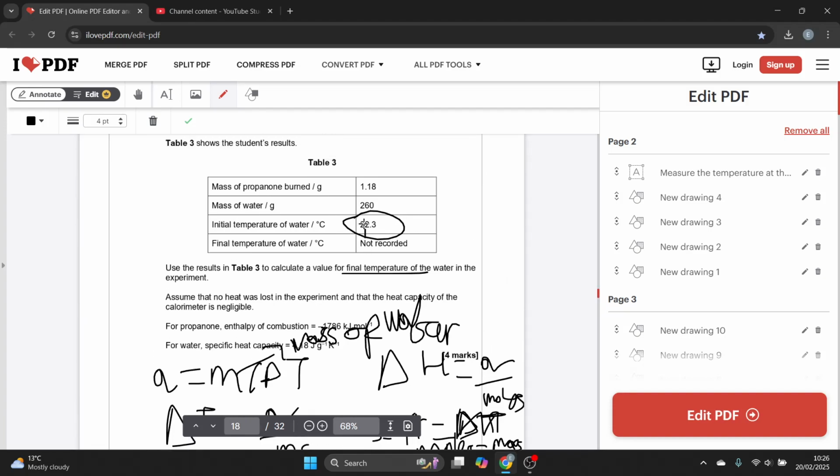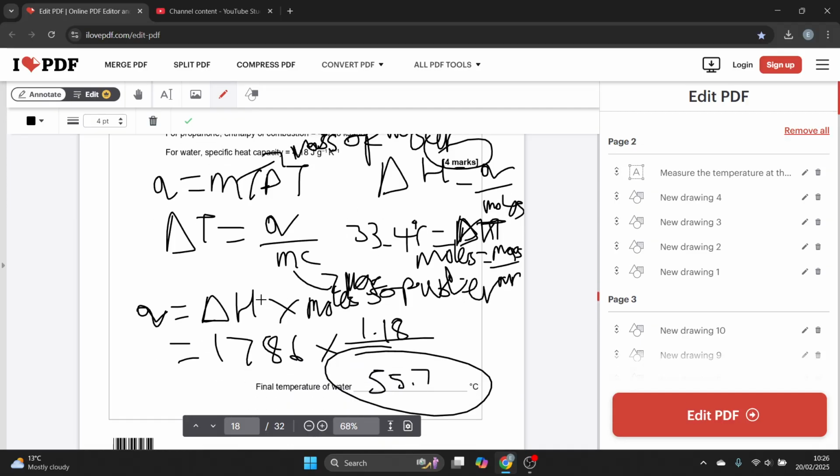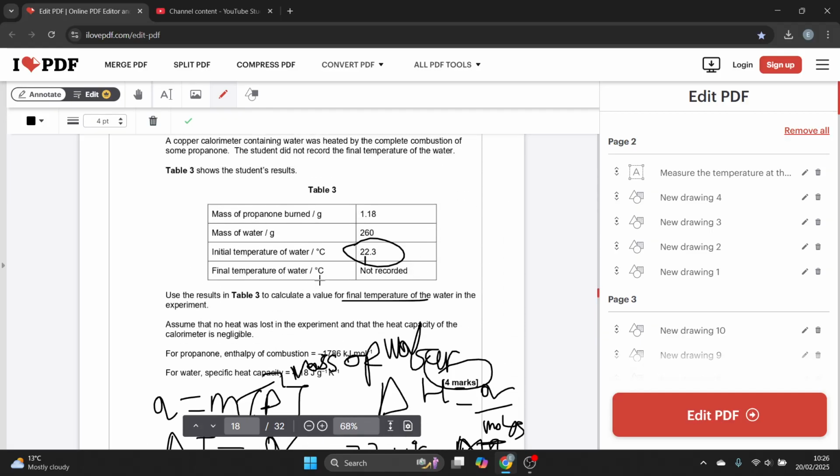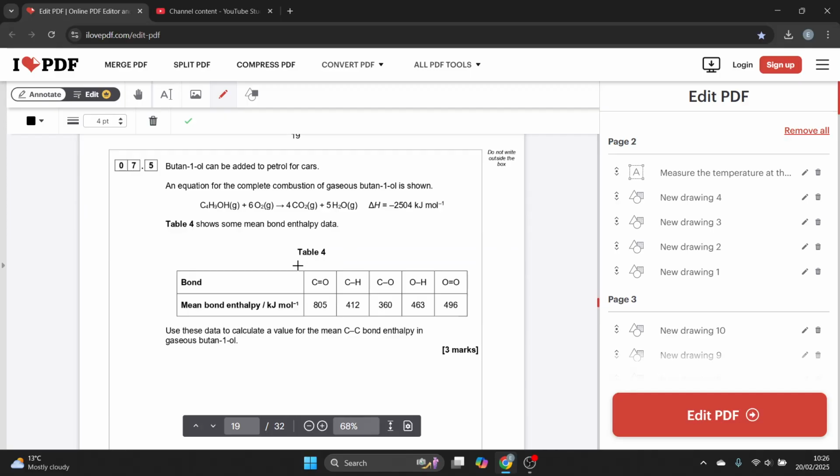Slightly trickier, but it's 4 marks. Q equals mc delta T, delta T is Q divided by mc, delta H is Q divided by moles, Q is delta H times moles. Find out Q, times by 1000, divided by mc, you get delta T, but then add the initial temperature, because I'm not trying to find delta T, I'm trying to find the final temperature, and I get 55.7 degrees Celsius.